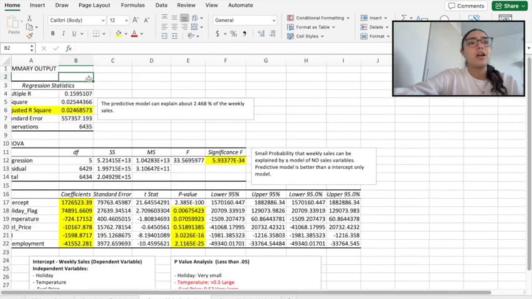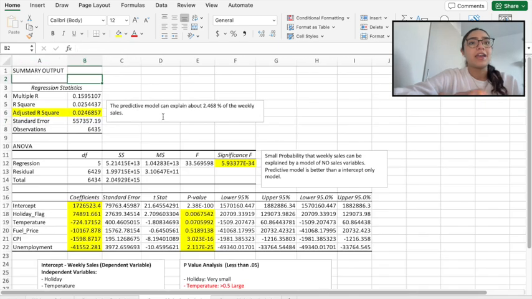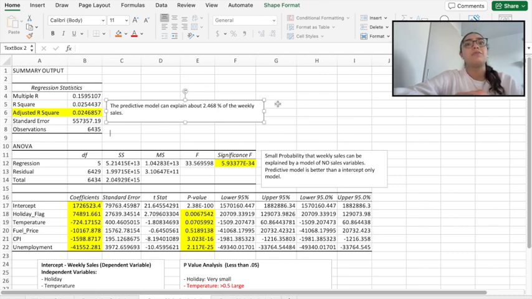And on our first try, we found out that our predictive model only explained about 2.468% of the weekly sales, which is very low, and it was lower than we were expecting it to be.